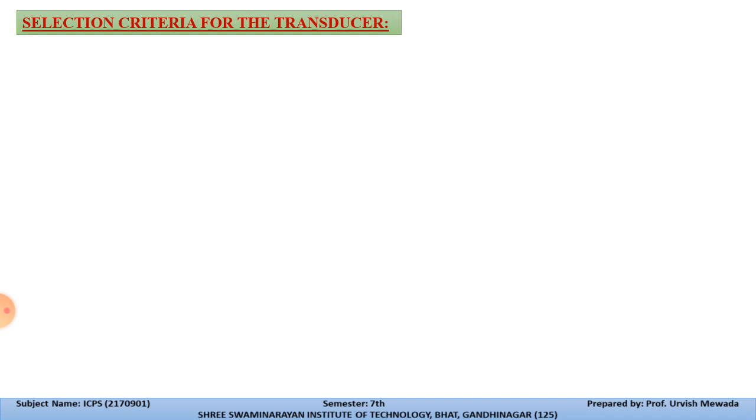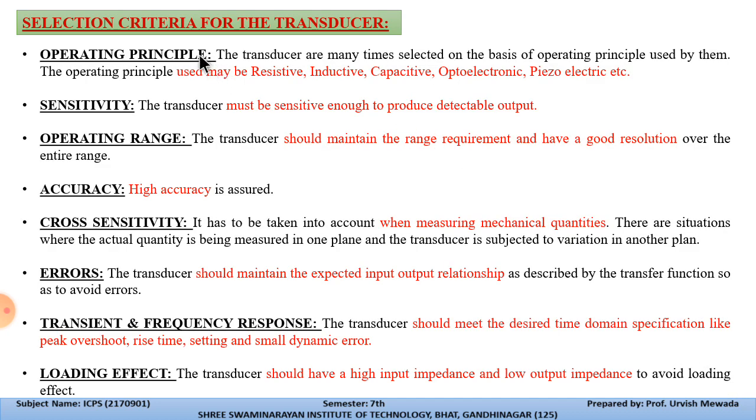Transducers basically convert a physical quantity into an electrical quantity, so we must be aware of the input and output relationship, the nature of the output of the transducer, the operating range of the transducer, and many other criteria that we have to keep in mind while we select transducers.